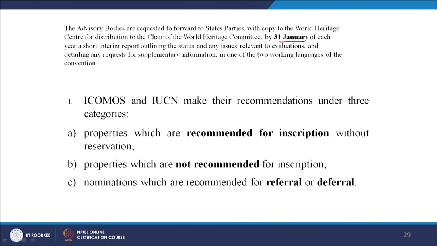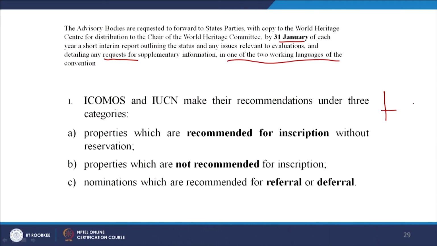It outlines the status and any issues related to evaluations, any observations, or any request for supplementary information in one or two working languages of the convention, because language is also important. That's why French and similar languages are mostly universally recognized.